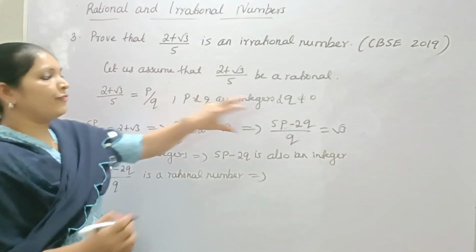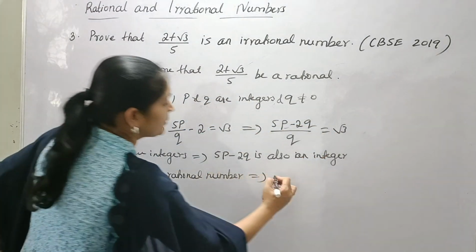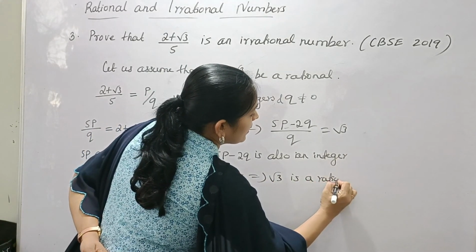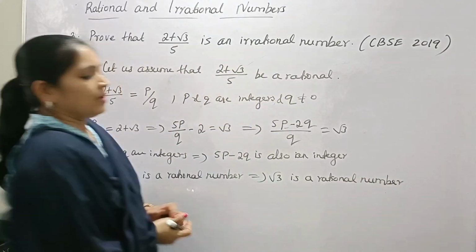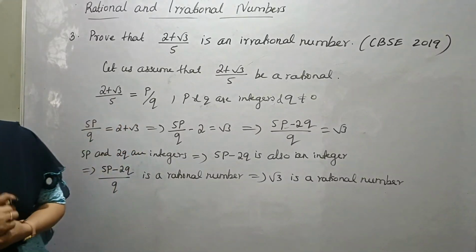That implies, if it is a rational number, then root 3 is a rational number. But we have already proved that root 3 is an irrational number.